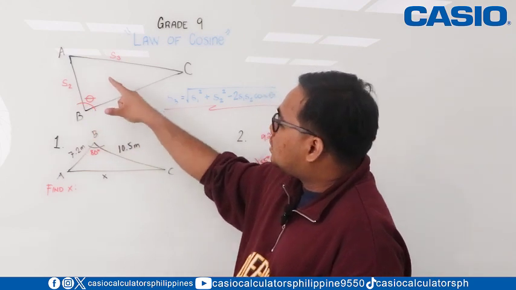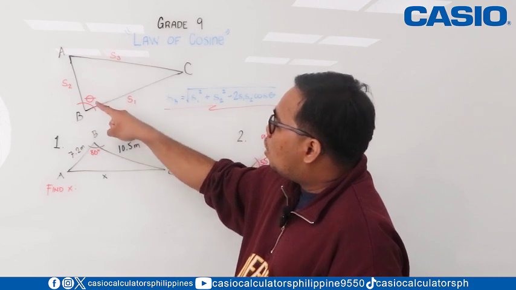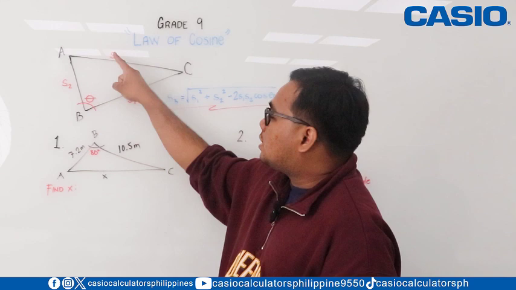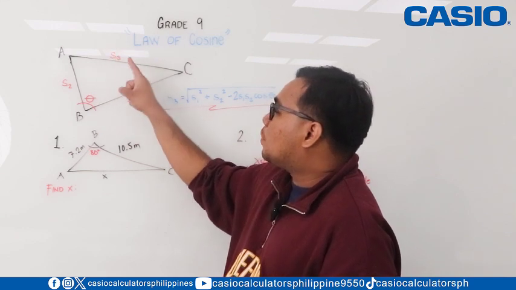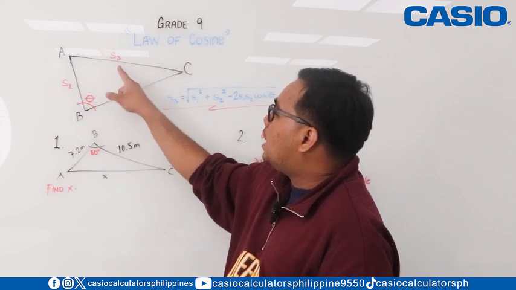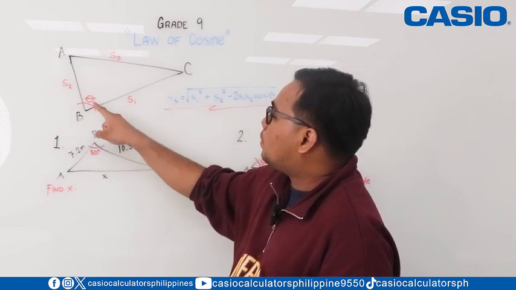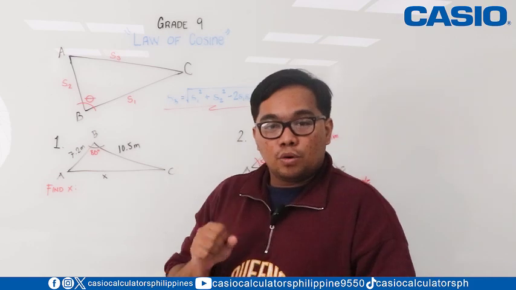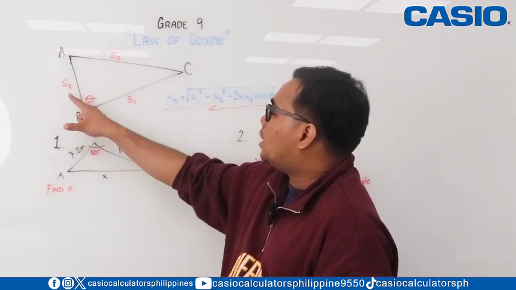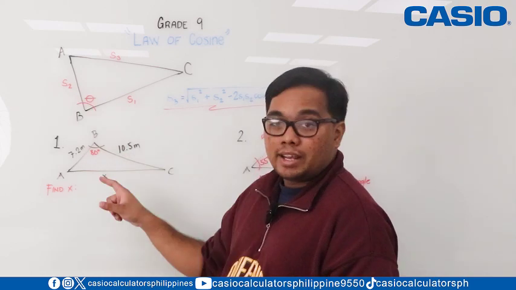Now, the side directly opposite to our angle is the other side. The Law of Cosine states that we can get the length of the opposite side if and only if there is a given value for that angle and the values of its two sides.